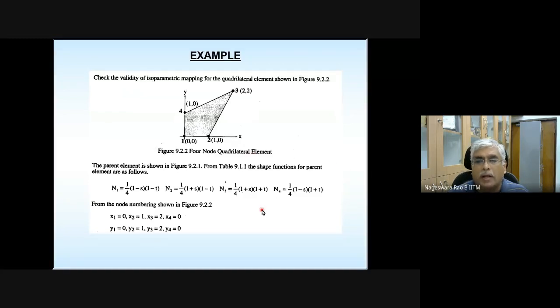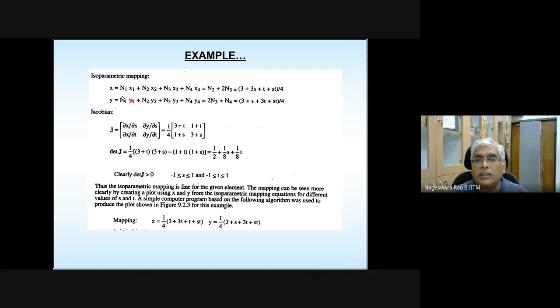So write the isoparametric relations. X is equal to sigma Ni Xi. So X as a function of S and T, Y as a function of S and T. And once you have X as a function of S and T, Y as a function of S and T, you can easily find the Jacobian and determinant of Jacobian.